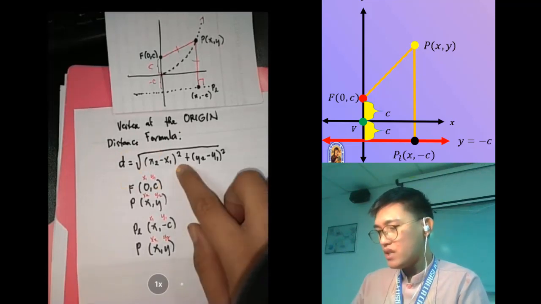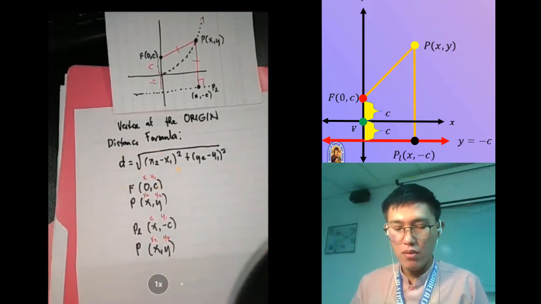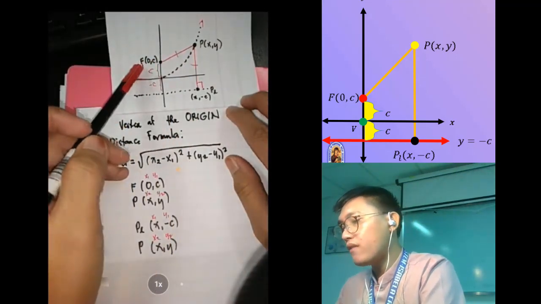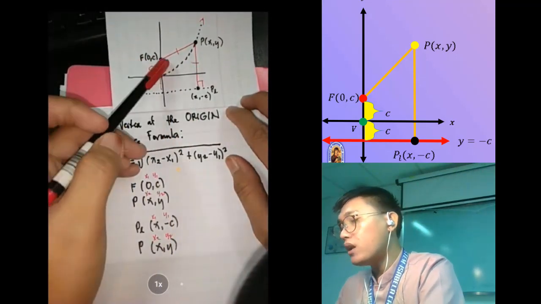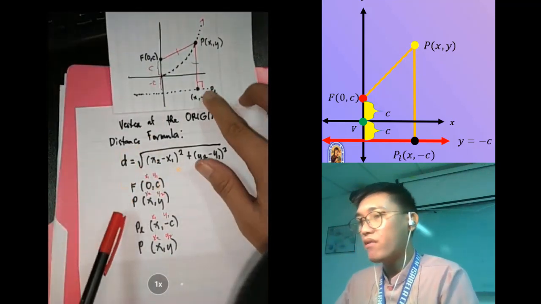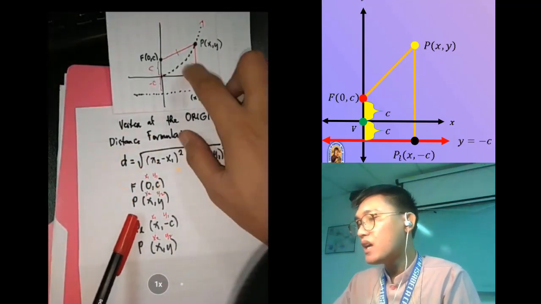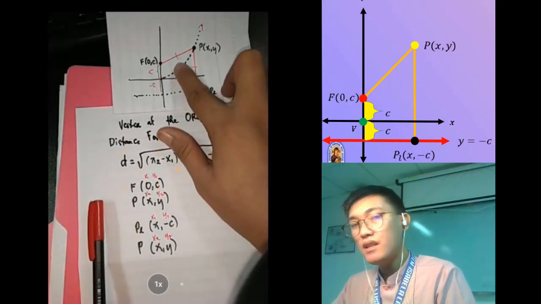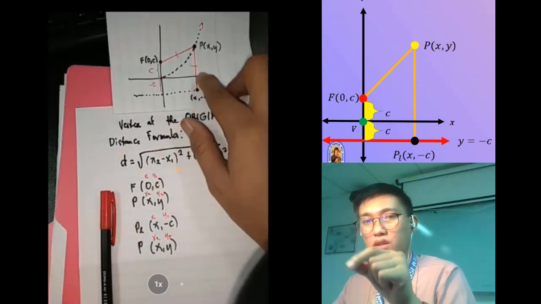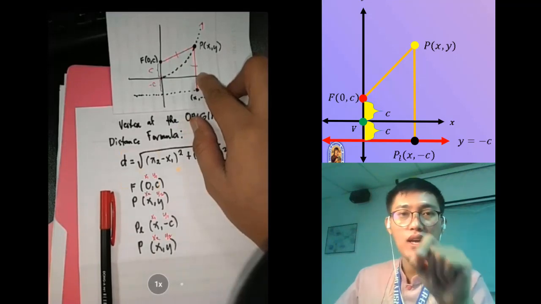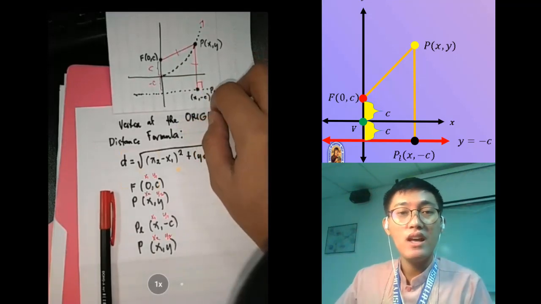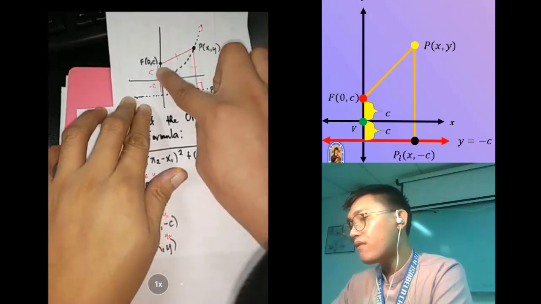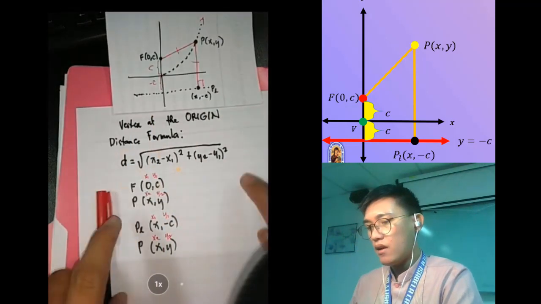Alright, so according to the definition of the parabola, the distance from this point P to this point F is equal to the distance from this point P to the directrix line. As you can see, I have put here a small line that signifies equality, equal distance between PF and PL, right?